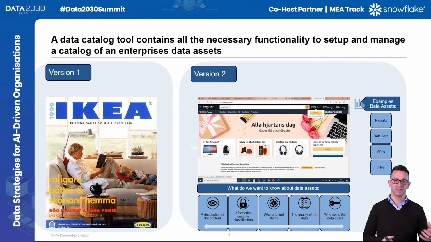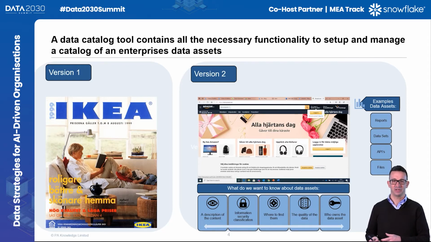So I can go and look for data, or for a data set, and it will describe the data set. It will describe the quality of the data. It will describe who is the owner of the data. And I've distinguished between version 1 and version 2, because as you move towards version 2, which is more the online view, it becomes a lot more dynamic.